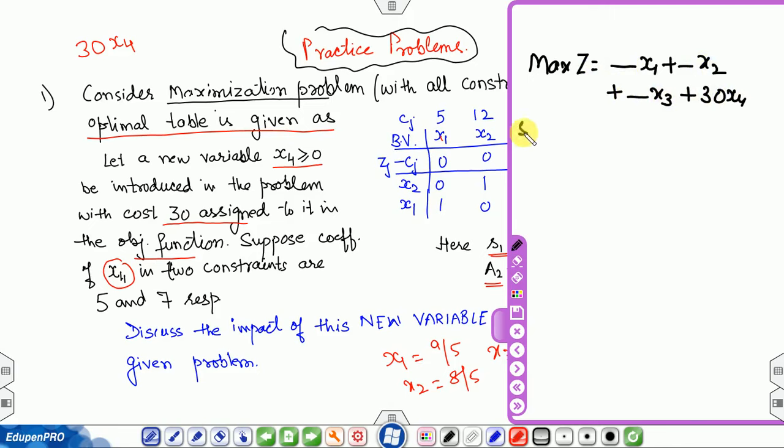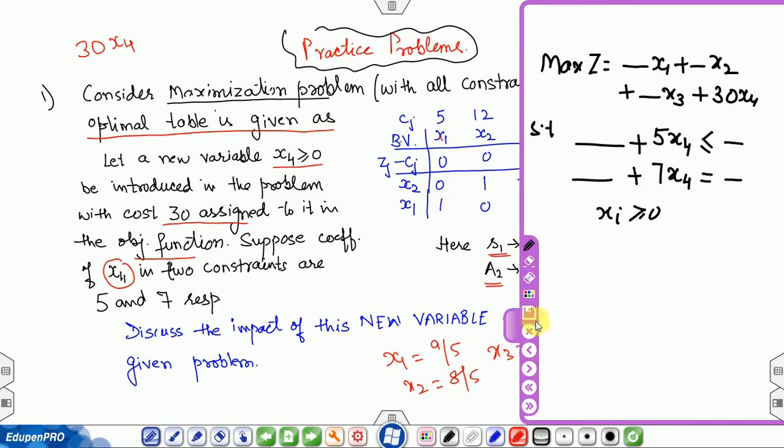Subject to the previous constraints, plus in the first one 5x4 is less than or equal to something, while in the second, 7x4 with the equality sign. You have to find the values of x1, x2, x3 if needed.